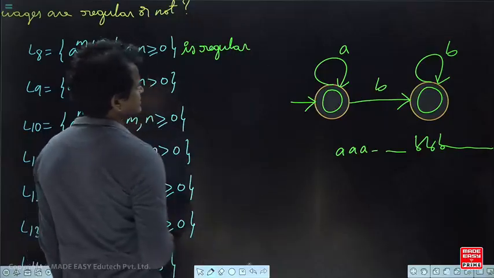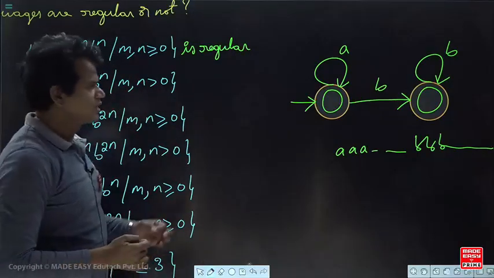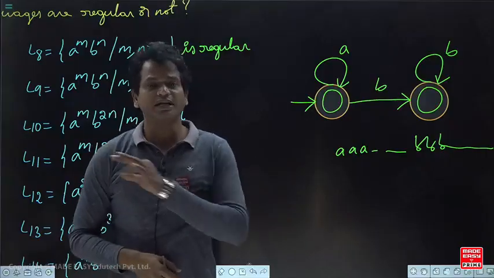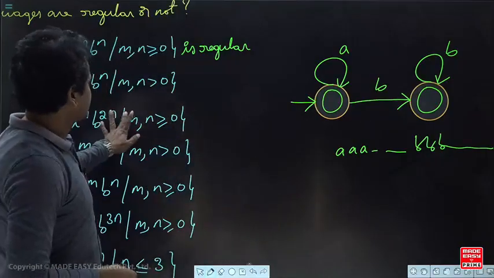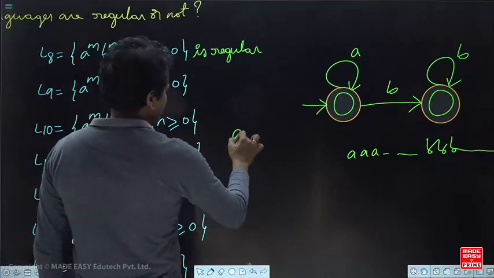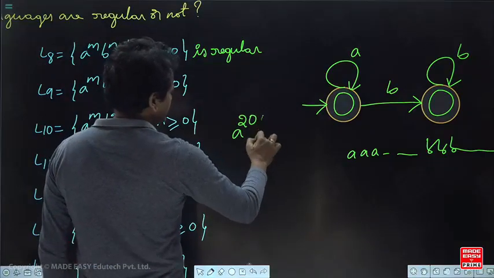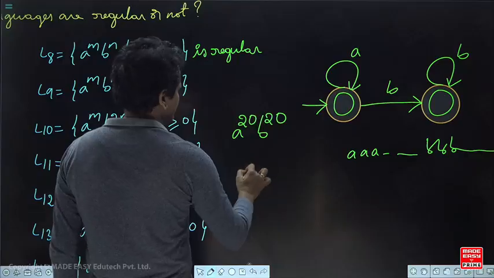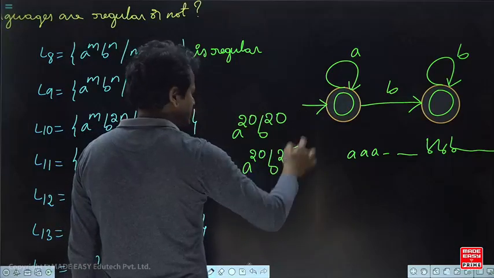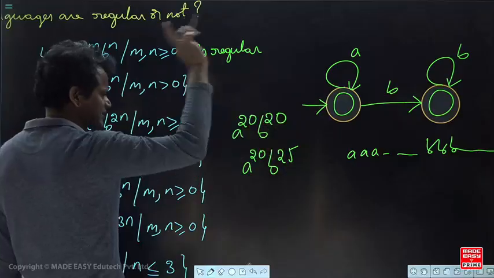Therefore, L8 is regular, and moreover, there is no relation between A and B. Meaning, if A is 10 or A is 20, B's can be 20, 25, 21, 23, 300 or 3000.